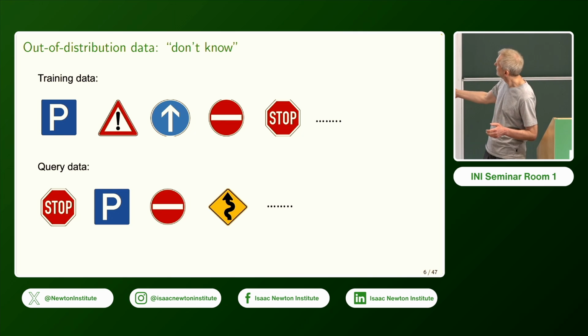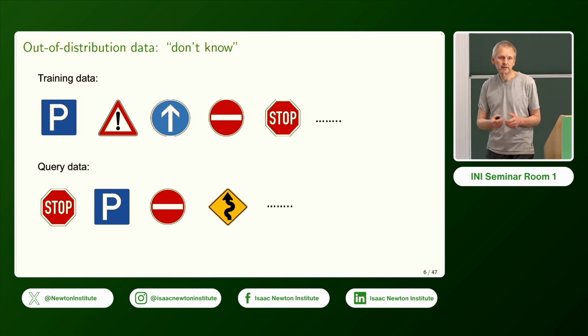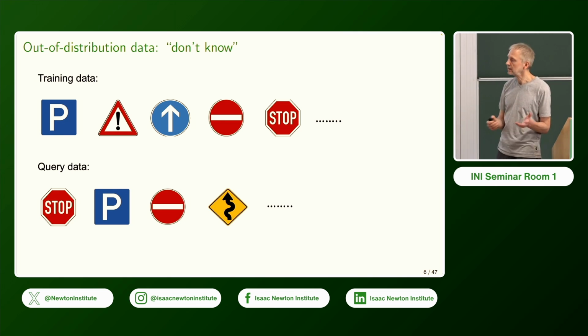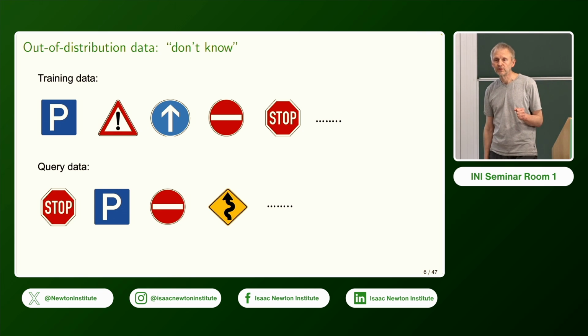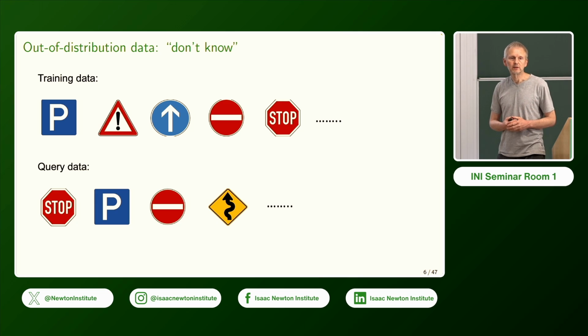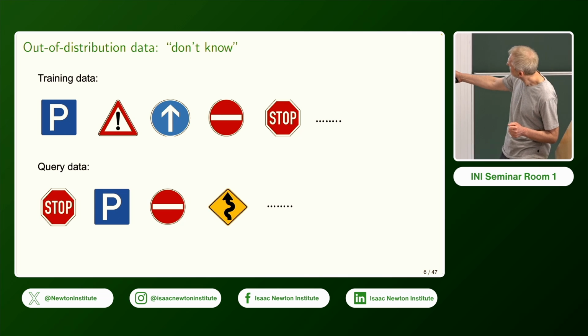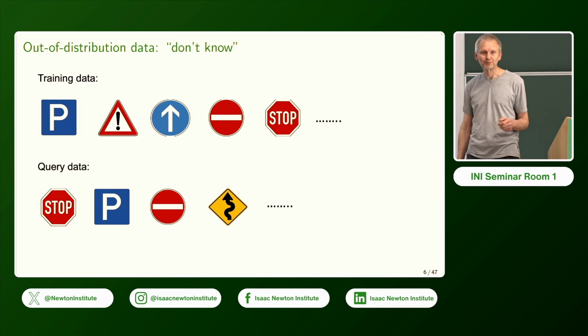For instance, you train an autonomous car on traffic signs in Germany, and then the car drives in another country and sees a new sign it has never seen before. And again, we would prefer if the model says, oh, I don't know, and expresses a high degree of uncertainty instead of engaging in wild guessing and saying, this looks a bit similar to that one, so it could be the same meaning.